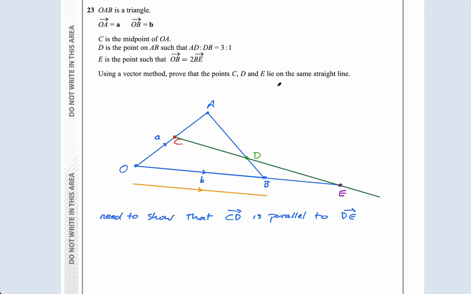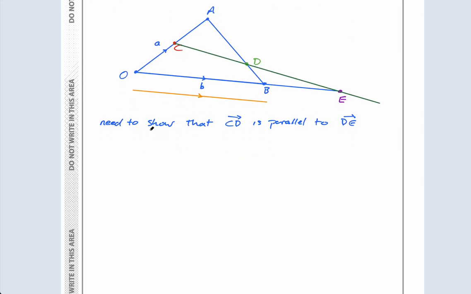Let's write here. CD: to get from C to D, I need to go C to A plus A to D. Now C to A is a half little a.